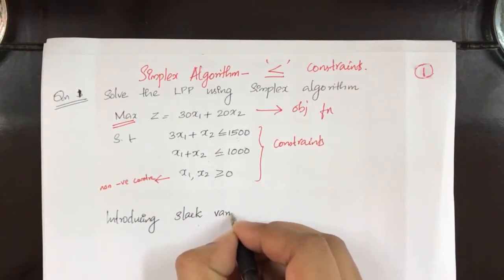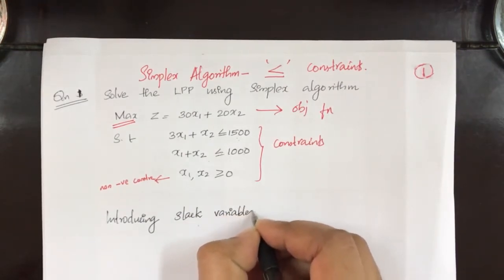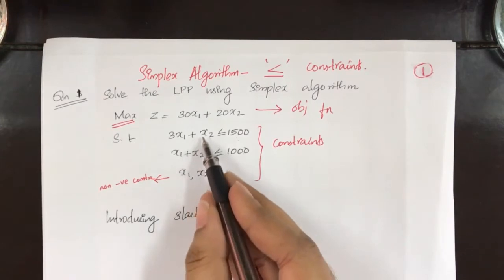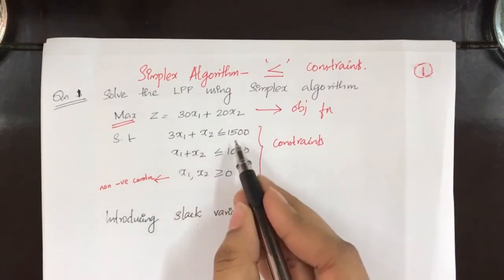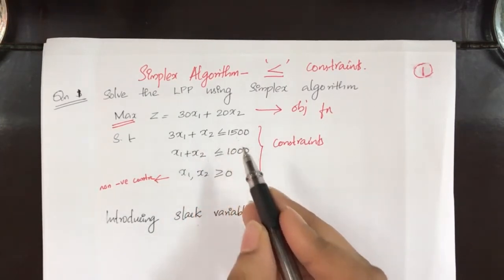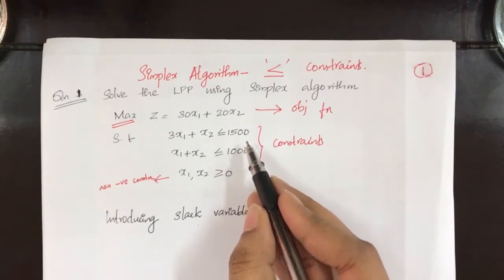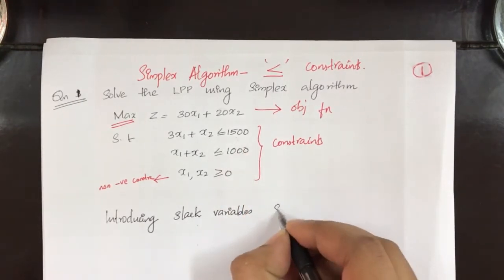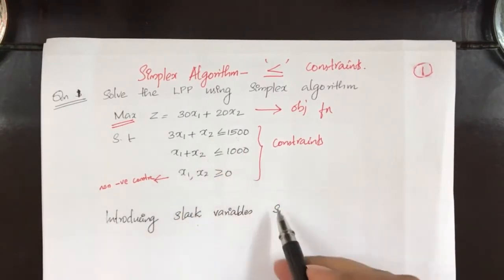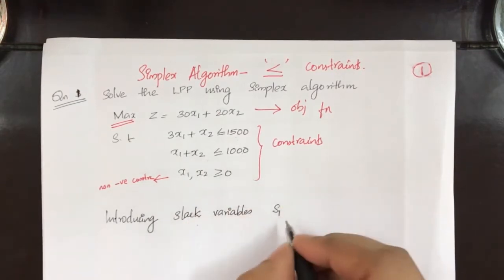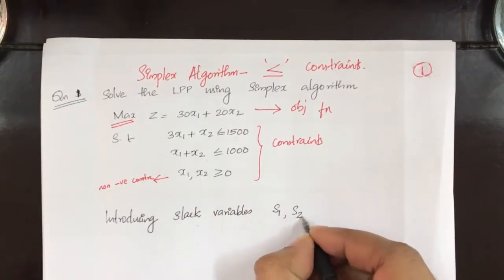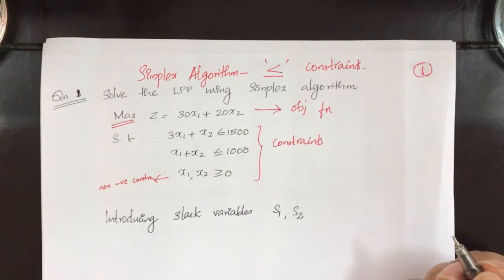Slack variables are the variables added to the left hand side of a less than or equal to constraint in order to make it an equation. In the first equation we introduce S1, in the second equation we introduce S2.